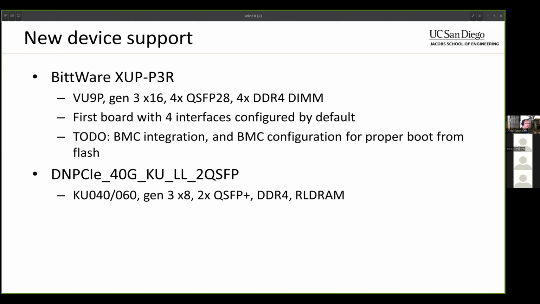So that's useful. To do on that is all the BMC integration stuff. There's a couple of annoying things about the way the BMC on that card is set up. It seems like they're doing something funky in terms of how the FPGA boots from flash. They're not using the standard technique that Xilinx details in the configuration user guides and whatnot.